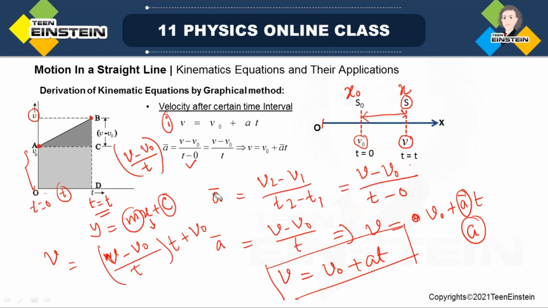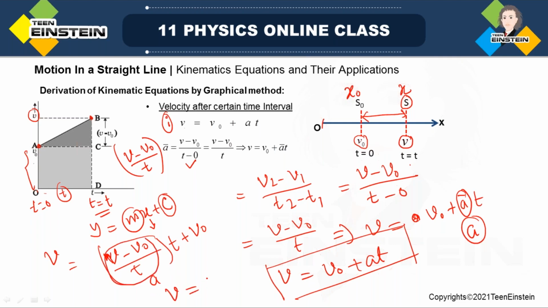This is c, the intercept. Okay, so you can write this v minus v0 by t, which I have already told you is average acceleration, so I can write that as a, this part in the bracket as a.